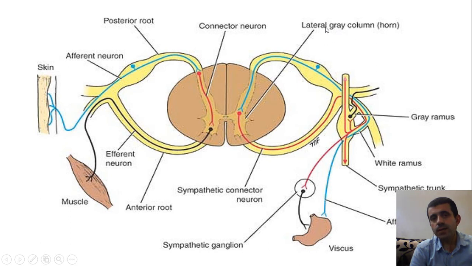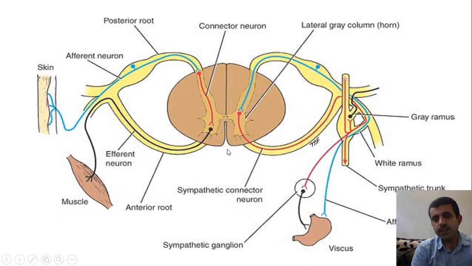In the lateral gray column, the endings of the axons will synapse with the cell body of the neuron, and the efferent axon will come out.